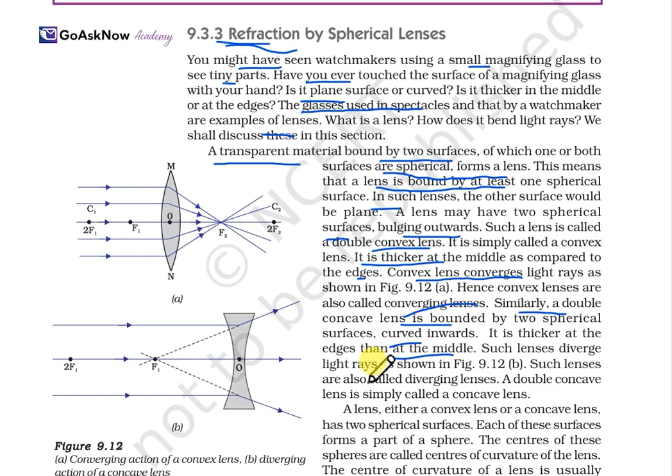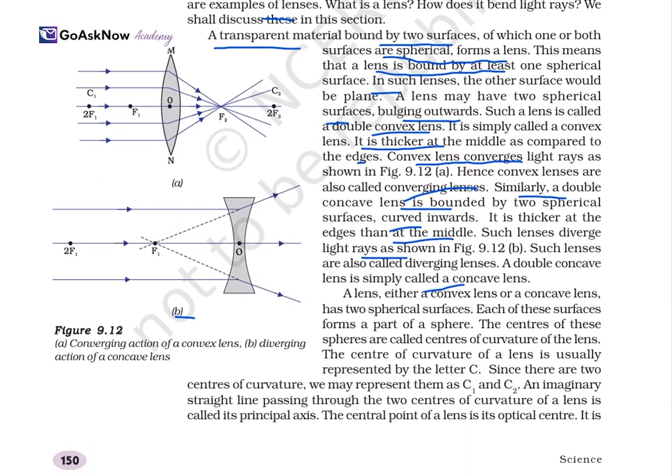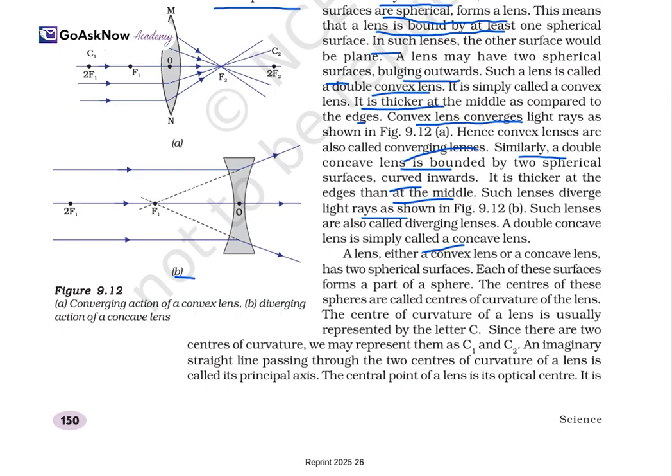Such a lens diverges light rays as shown in figure 9.2b here, and it is called a diverging lens. A double concave lens is simply called a concave lens. The first one represents the convex lens, while the second one represents the concave lens. So this is about refraction in concave and convex lenses.